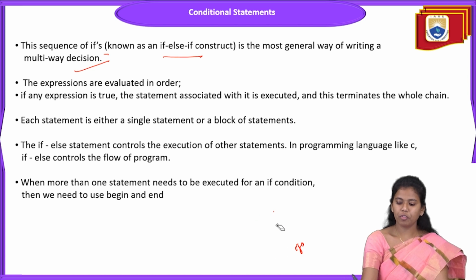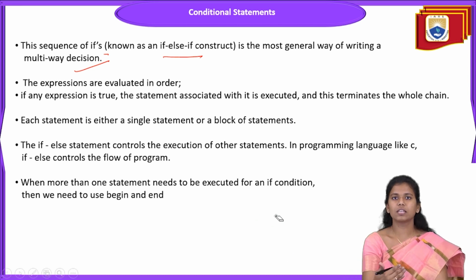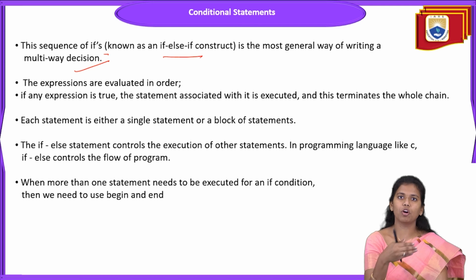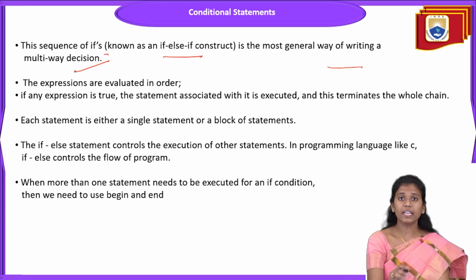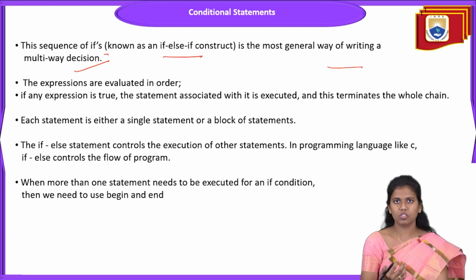So if you are appropriately conditioning the statements with if else and so on, then you are saying that it is the most general way of writing a multi-way decision. In order to take a multi-way decision, the best possible approach is the if else if construct.